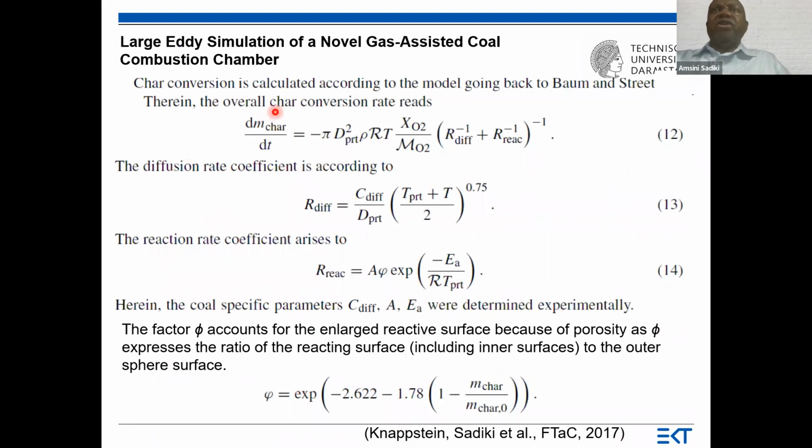The char conversion is calculated by the Baum and Street model. We include these two kinds of diffusion coefficients, and they are given here. This one is for diffusion, and this one is for the reaction rate. This quantity provides the reactive surface which is made available, and this changes due to the porosity, so this quantity is expressed in this form.